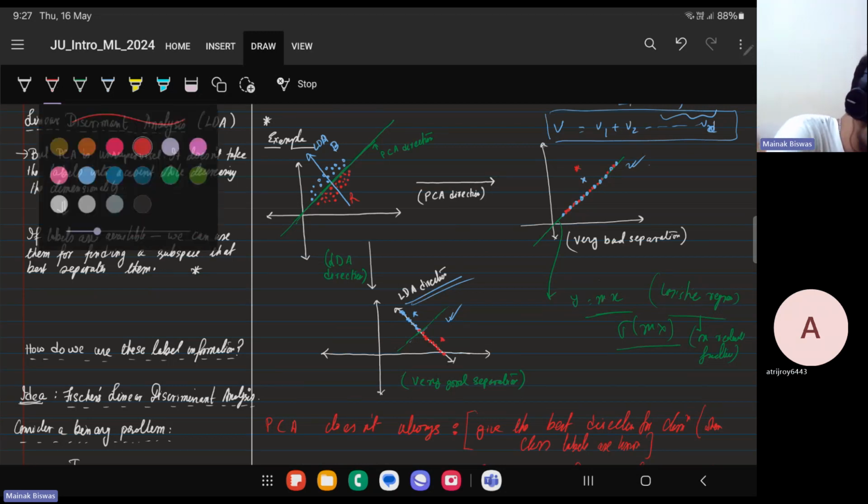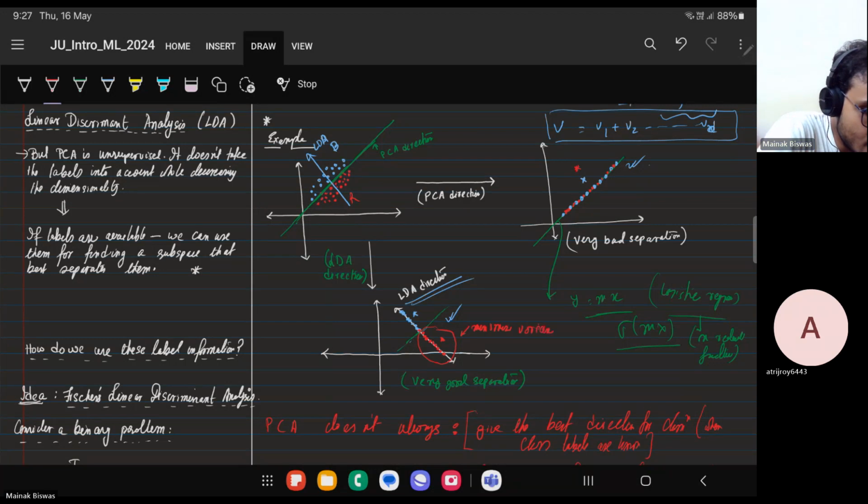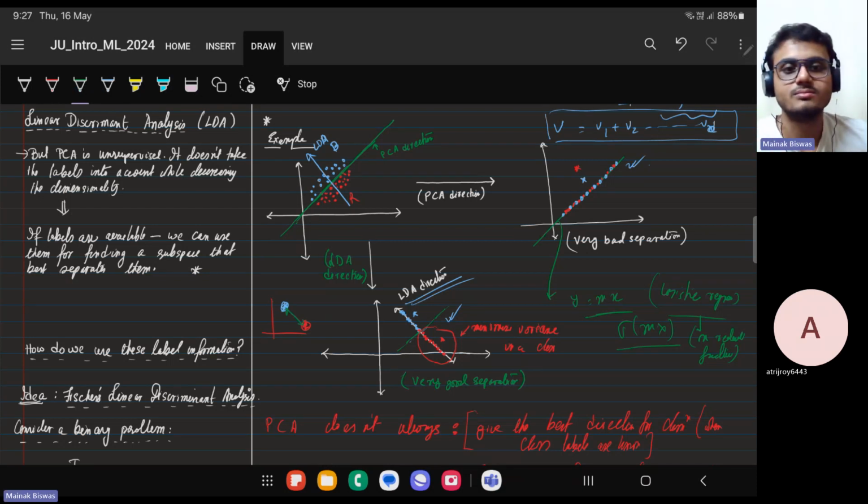Also, I want to minimize the variance in a class. If I do both, do you agree I will have clusters like this of 2 points, where I have minimized the in-class variance but maximized the separation between the data, right?